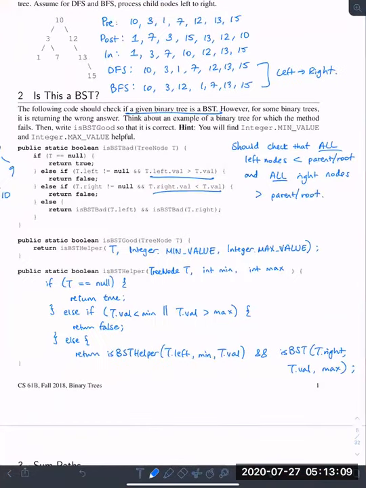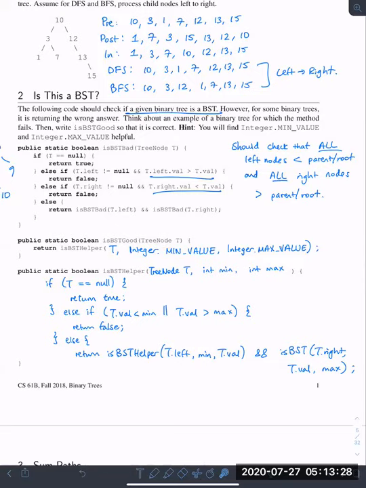Okay, so I wrote the solution and I want to go over the logic behind it. You have this helper function precisely because just being passed in a tree node is not enough information to decide whether the tree node is actually a binary search tree or not.